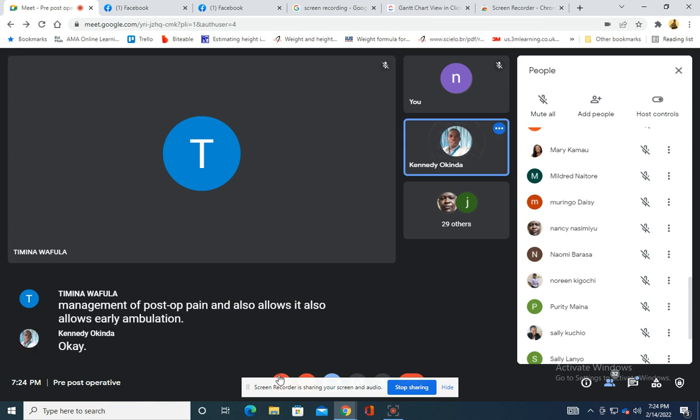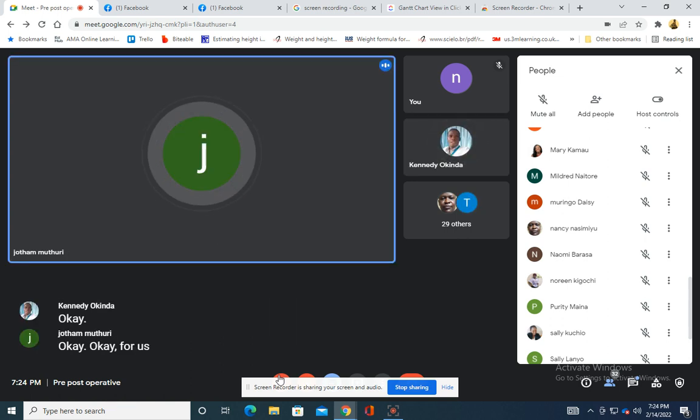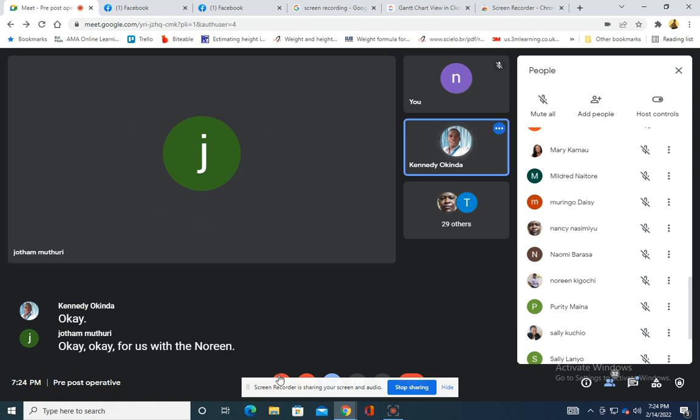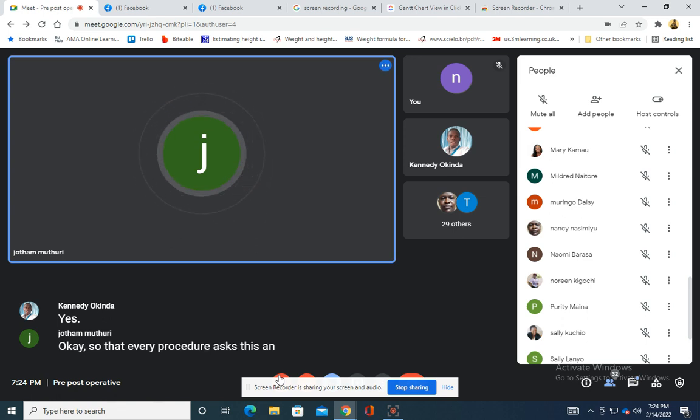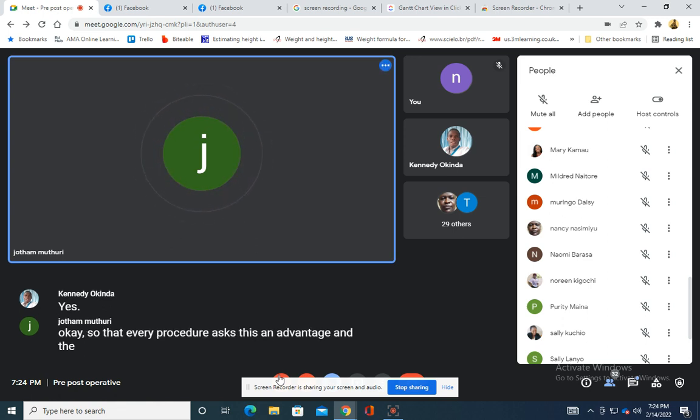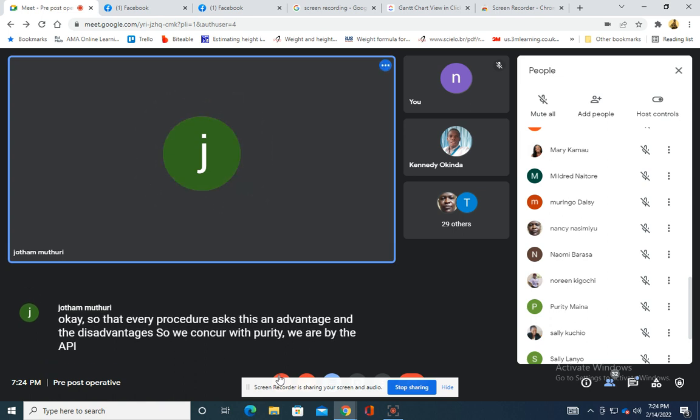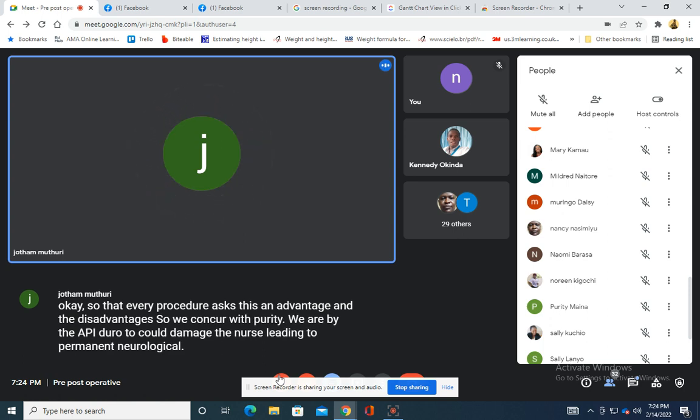Okay. For us, we saw that every procedure has advantages and disadvantages. So we concurred with Purity, whereby the epidural tube could damage nerves leading to permanent neurological deficit.